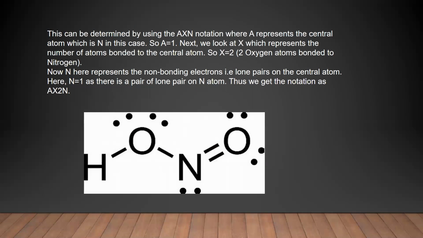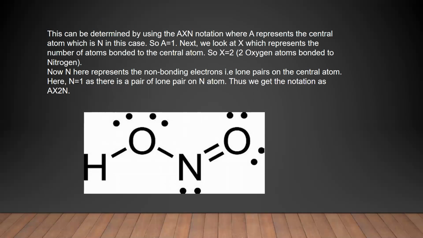Here X equals 2 oxygen atoms bonded to nitrogen. Now E represents the non-bonding electrons, the lone pairs on the central atom. Here E equals 1, as there is one lone pair on the nitrogen atom, thus we get the notation AX2E.